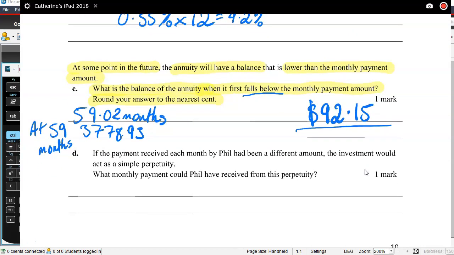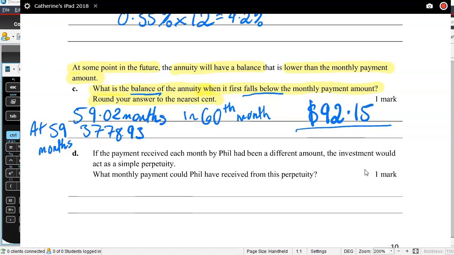We weren't asked for when it happened, which is in the 60th month. We're asked for the balance of what it will be then.